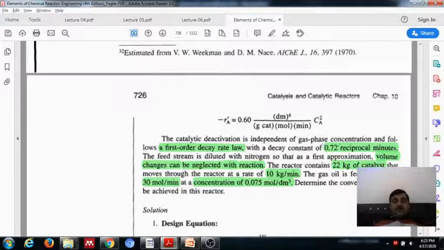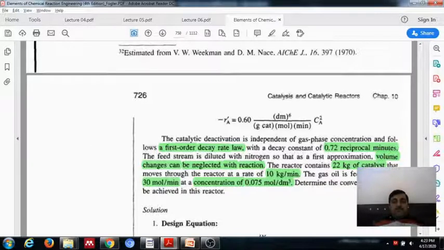You are given kd, you are given the value of K. Important, this is per gram of catalyst mole minute, and in a typical volumetric form, you will have it as liter per mole minute. So 0.72 reciprocal minutes, that's the first order decay rate law.